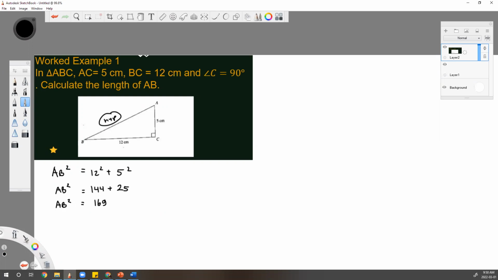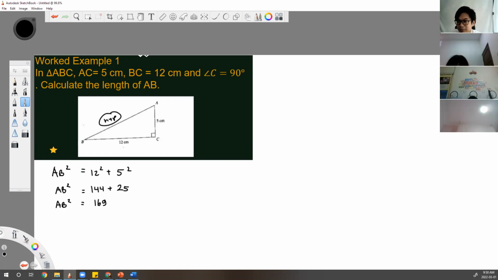After you get that, you can find AB. How do you find AB? Do the square root, right? Squared is undone by square rooting. 169, use your calculator, I get 13. Don't forget to write the unit, cm.